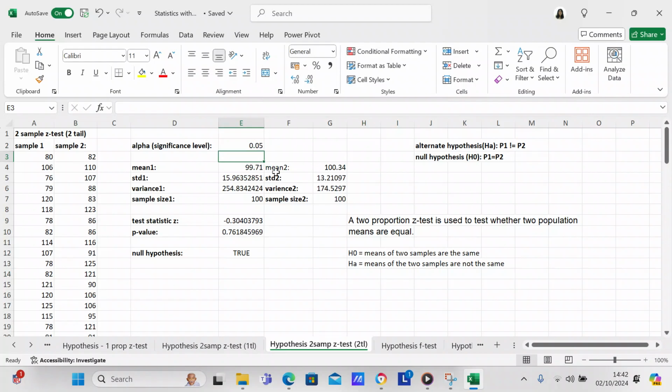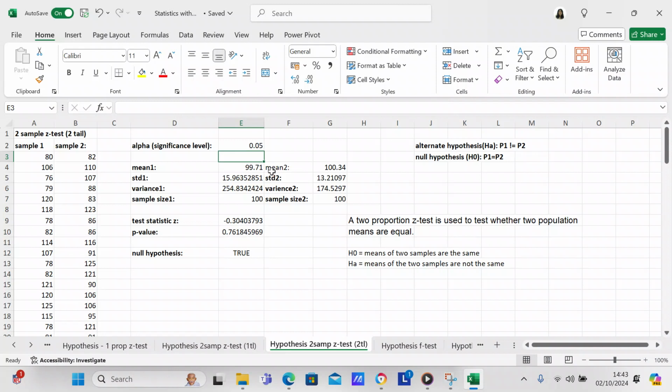When you change it to 0.05, that's 5%, it's going to be easier for the null hypothesis to be accepted, because the p-value has to be above that level before it can be accepted.